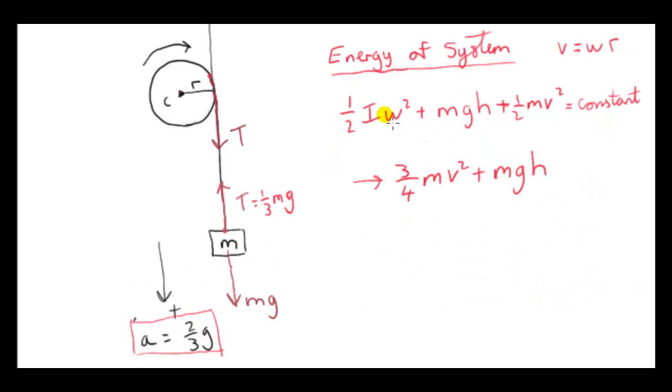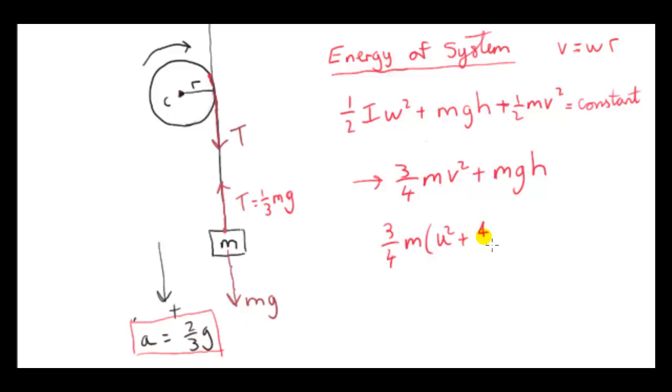So we will just prove it for the uniform disk case. We plug in for I half m r squared, and it boils down to this, as we've just seen. So we'll just prove that this quantity is conserved. We use the acceleration that we got from the previous part, and the fact that v squared is u squared, the initial speed of the particle, plus 2as, where a is 2/3 g.